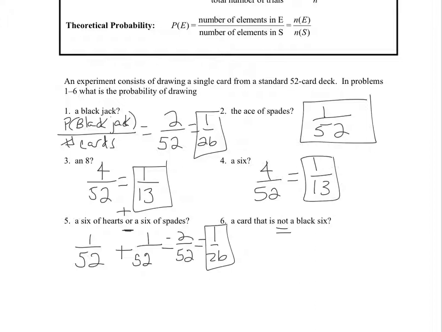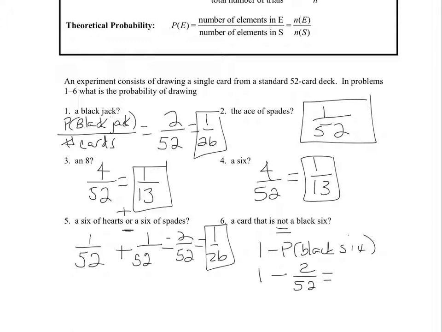So if we take 1 minus the probability of a black 6, that means I have 1 minus, now the probability of a black 6, there are 2 suits that are black. Each one would have a 6 out of our 52 cards.